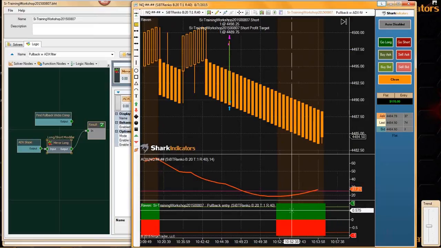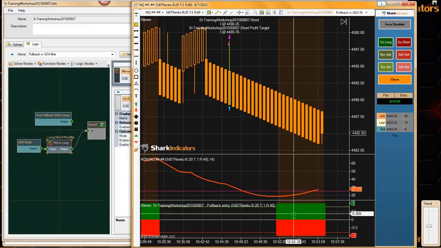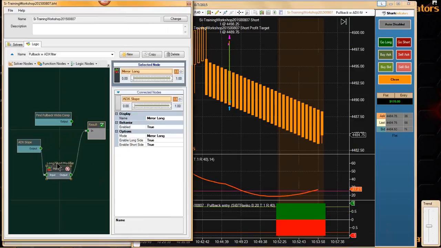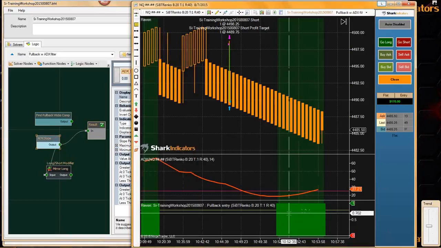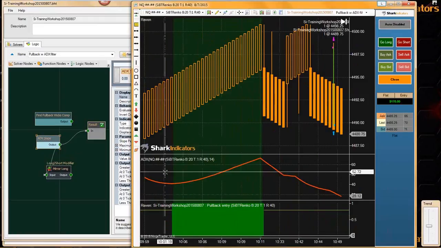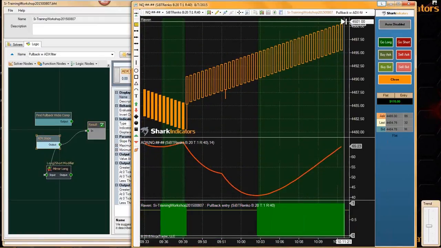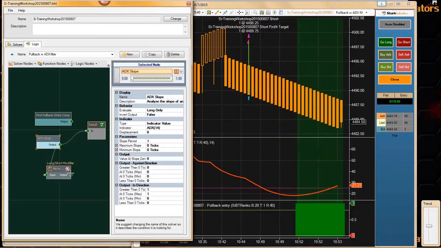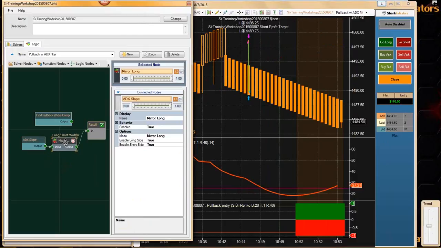So that's why we need to get a long and a short signal out of our ADX filter. So that way it allows both longs and shorts, right? Otherwise, if we just used the slope solver like this, this would only allow long signals to get through. And we can see no short trades would ever be able to be taken because there's no short output here. So that's why we're going to use this guy to get both a long and a short, right?